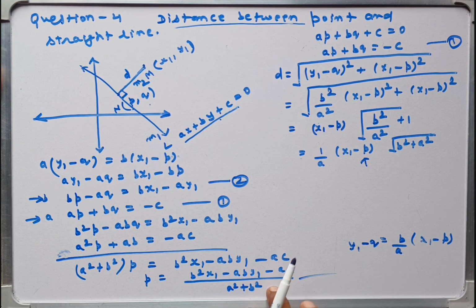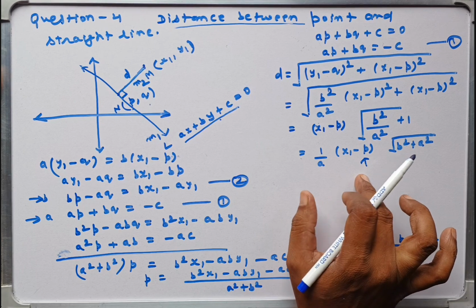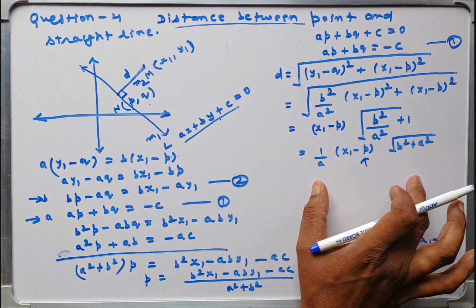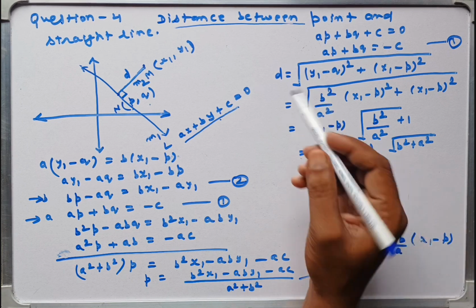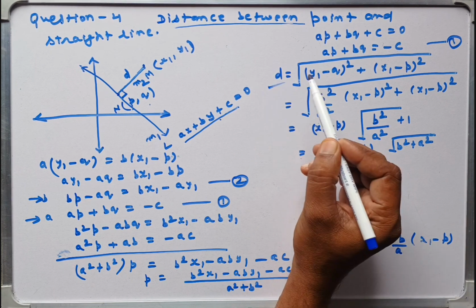Okay, if we put the value of p, then all the known quantities will be here, and finally you will get the value of d.